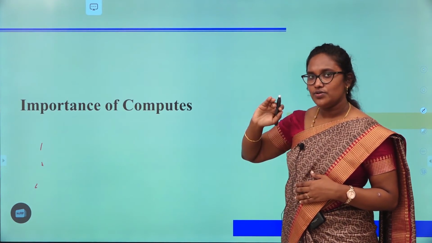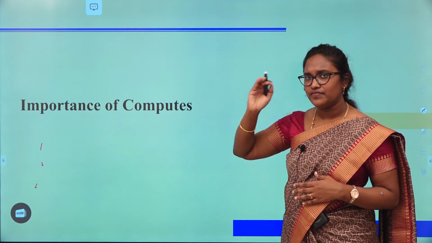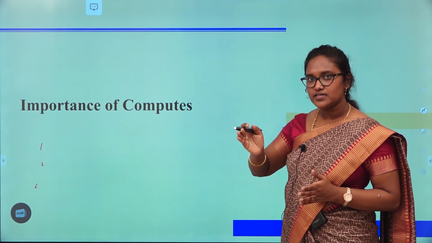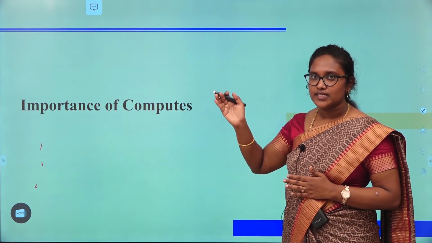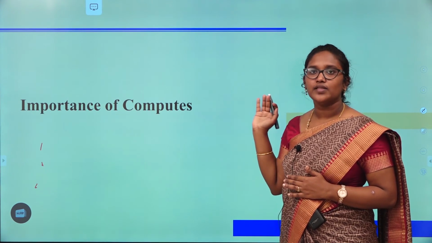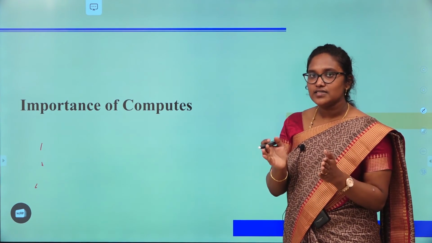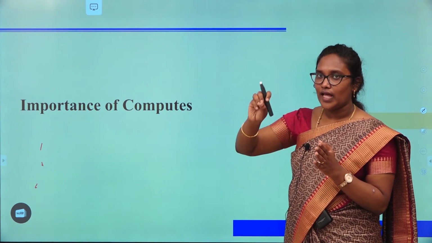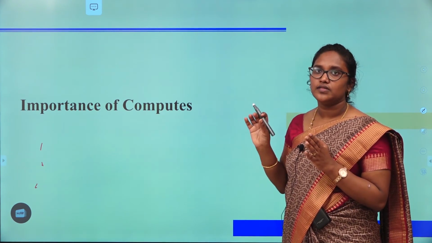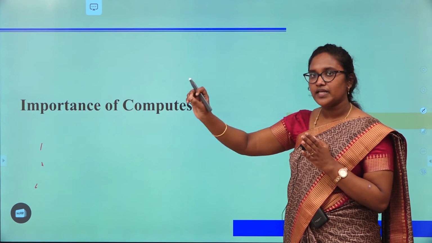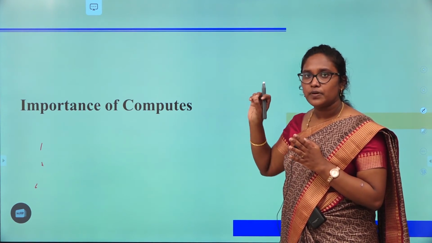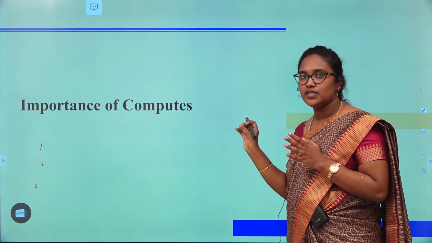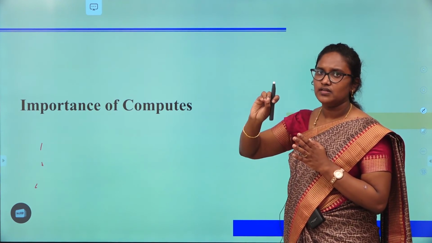computer. You have to understand the difference between characteristics, advantages, disadvantages and importance of a computer. Characteristics means we are specifying the qualities of a computer. Likewise, we specify the qualities of a person whenever we are introducing the person to another person.